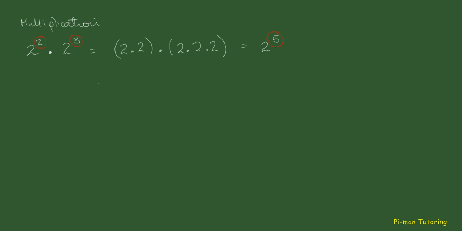So if you have some base, remember this can be anything, we'll just call it a for now, raised to some power, we'll call it m, and we're multiplying by something else which has the same base, it must have the same base to be able to do this, raised to the power of n, then the answer is simply a to the power of m plus n. That's our multiplication rule for exponents.